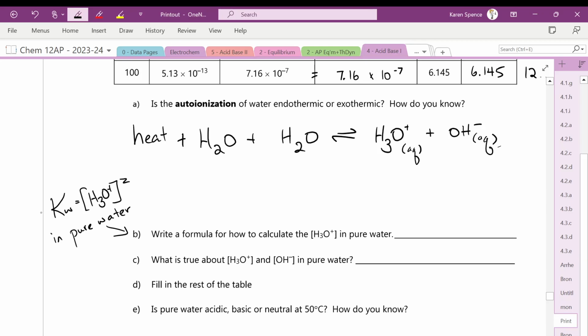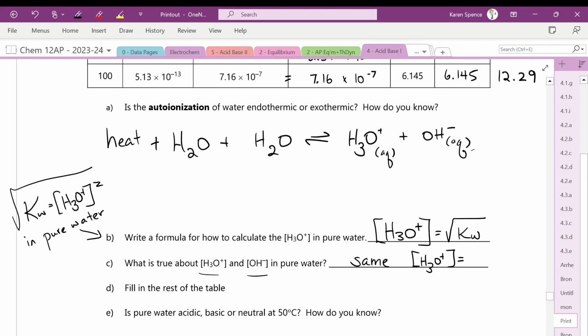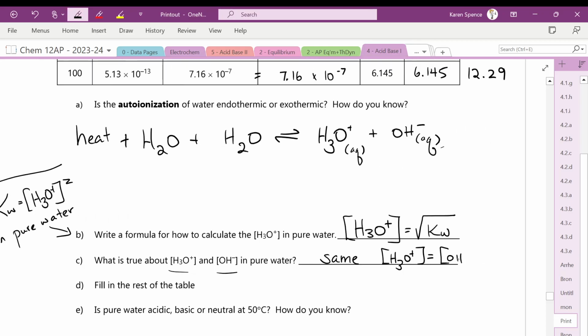We would take the square root of everything. So H3O plus is equal to the square root of Kw. Now tell me, what do you know about H3O plus and OH minus concentrations in pure water? They are the same. In other words, H3O plus is equal to OH minus.